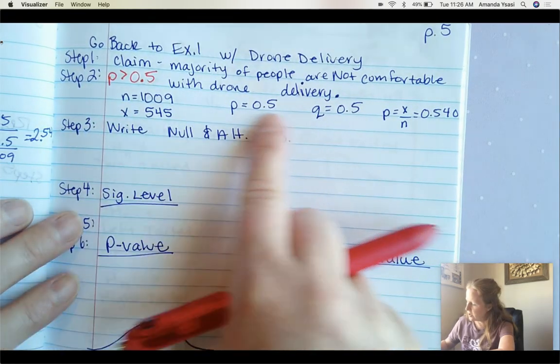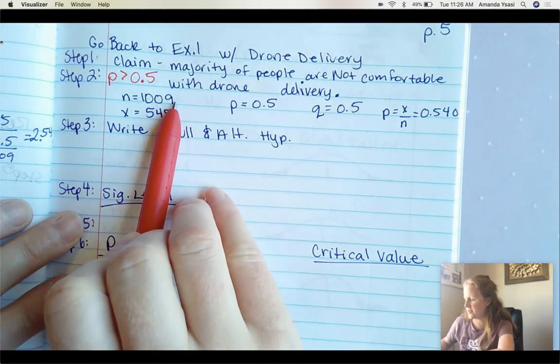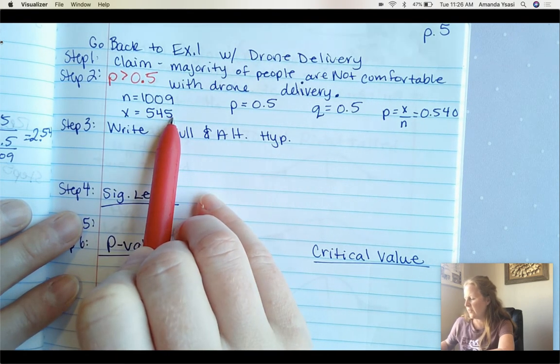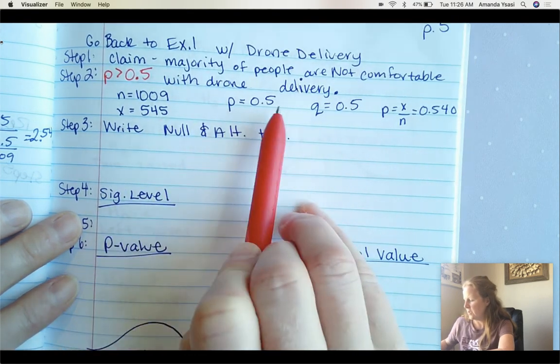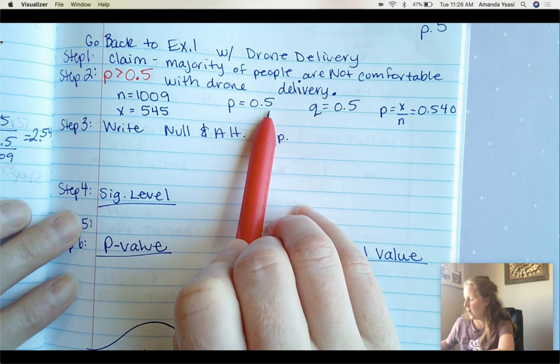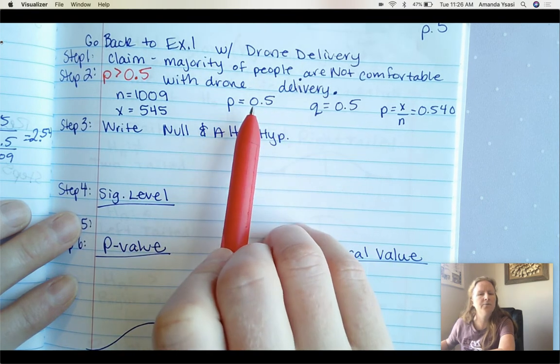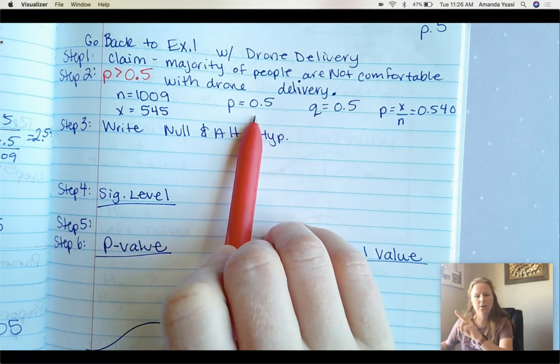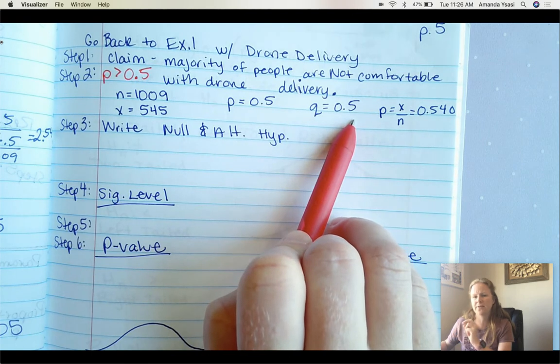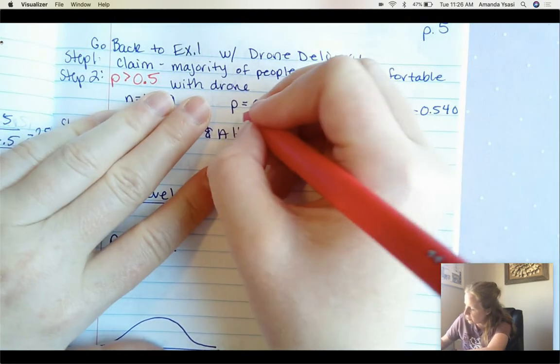And then here's all of our data that we know. We know that there are 1,009 samples, 545 that are not comfortable with it. Our p we're looking at is 50%. The probability of a yes and a no: probability of a no is 50, probability of a yes is 50.